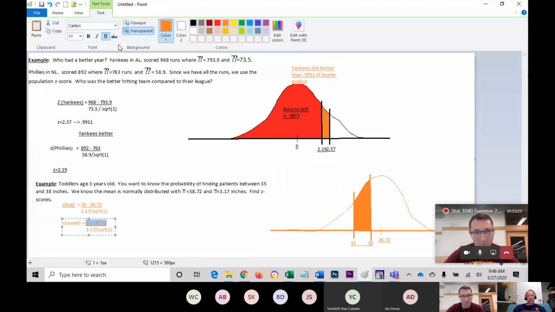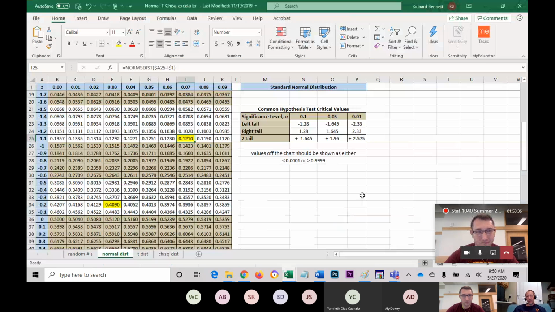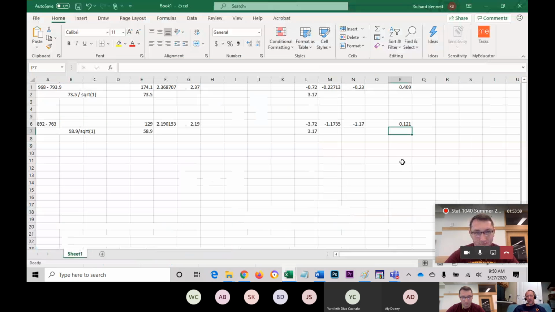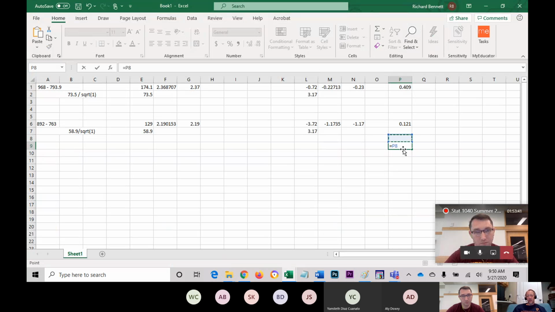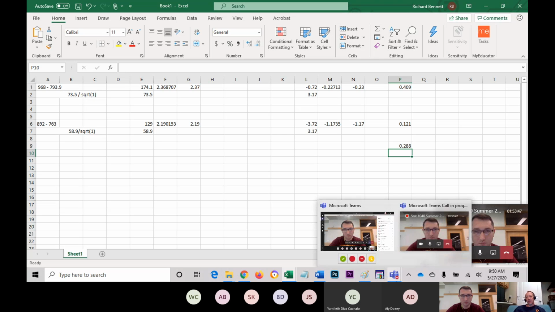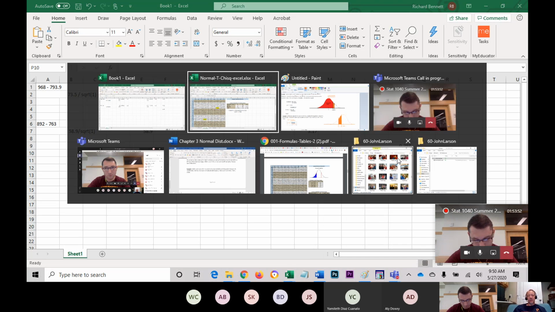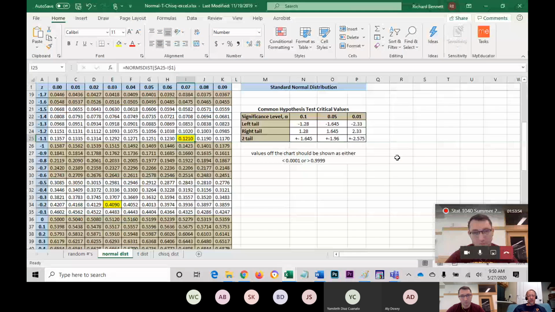And so what we're saying here, okay, so we said that 40% is less than 38, and we're saying that 12% is less than 35. So if we subtract those two values, then this number minus this number is going to give us 0.288. So 28.8% of toddlers.